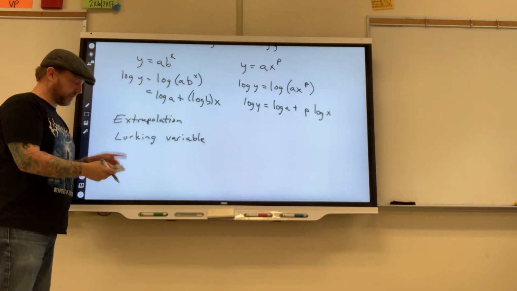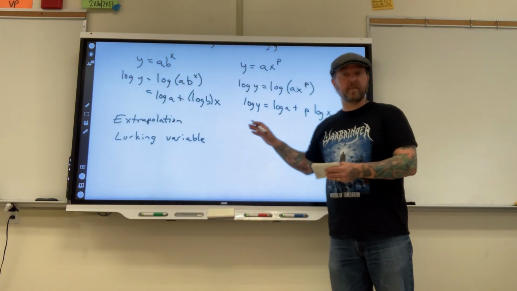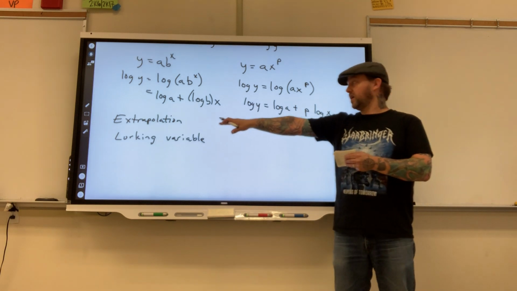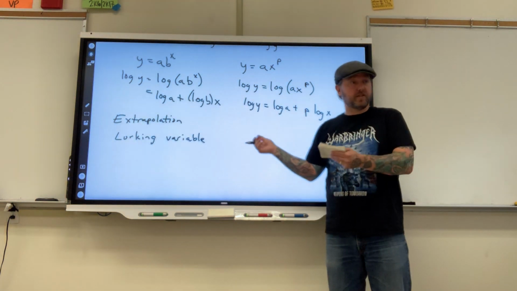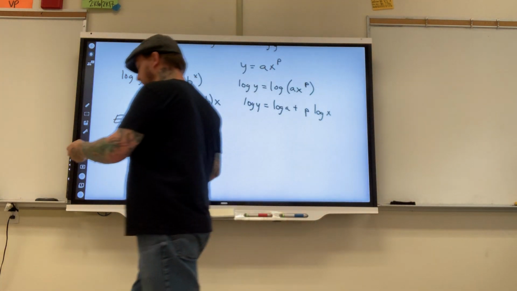Lurking variables, we remember these. So it's not among X or Y, but it may be causing something to happen. It may be why there's a relationship between X and Y is due to some lurking variable.